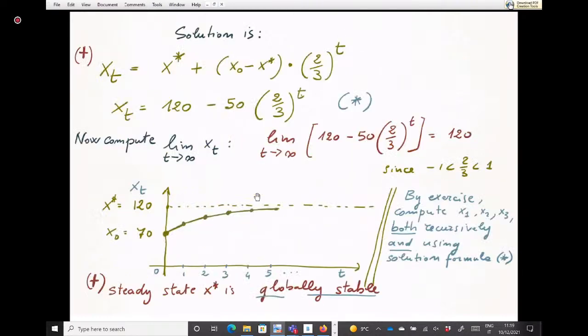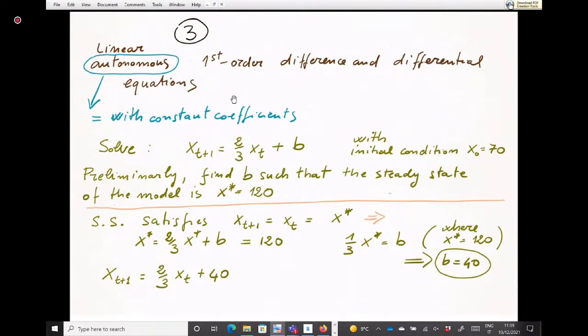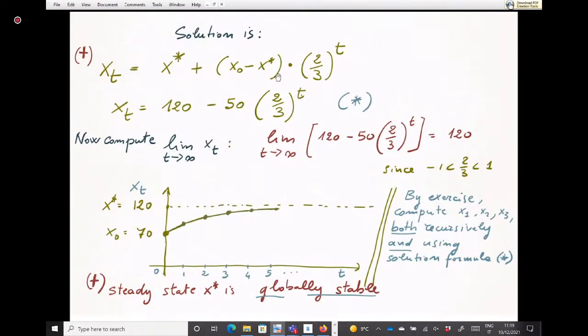You know the solution formula: xt is equal to x star, the steady state, plus x0 minus x star, times 2/3 to the power of t. Now, if x0 is equal to 70, x0 minus x star is equal to minus 50. So the solution is 120 minus 50 times 2/3 to the power of t.